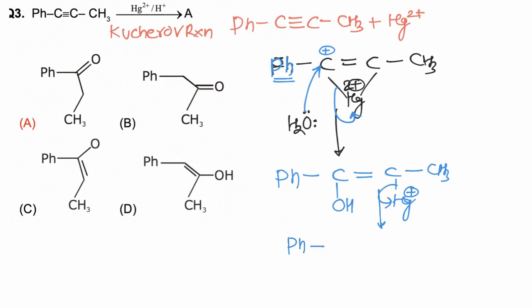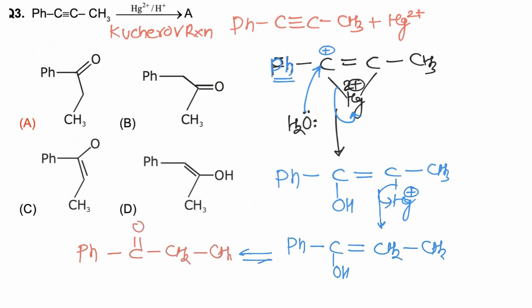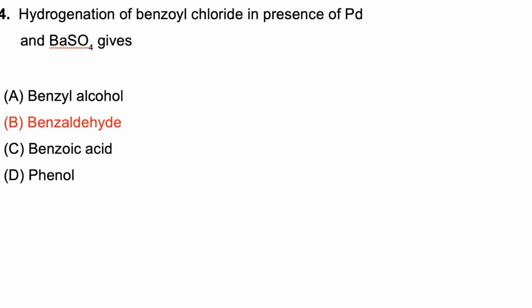So we will get Ph, C(OH), double bond, CH, CH3. Now this molecule is having an enol bond and hence there is a possibility of tautomerism. So it will tautomerize to Ph, C double bond O, CH2 and CH3. So this is the final product formed in the reaction and hence the correct answer is A.